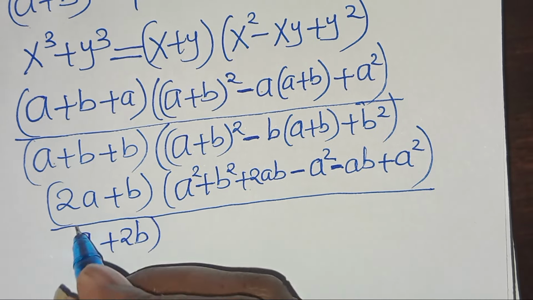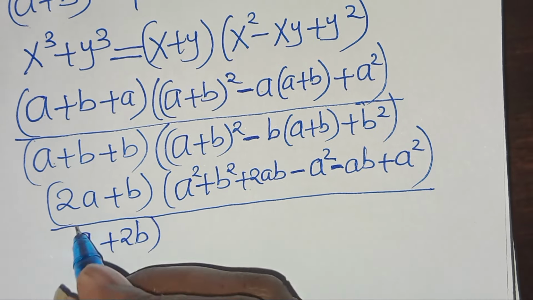Now, if you recall, we said that let a be equal to 30 and b equal to 35. So we can substitute these values.